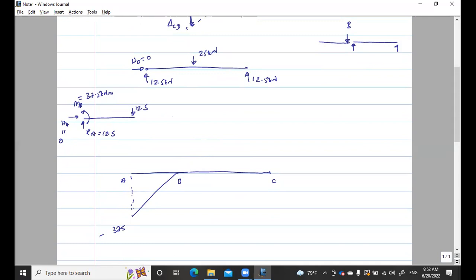So BC is like a simply supported, so it will be like this. Here the midspan moment again is going to be 37.5 kilonewton meter.